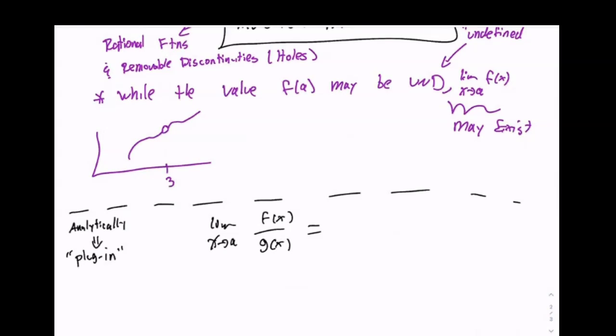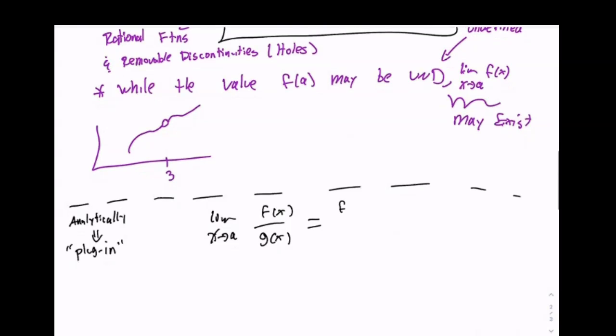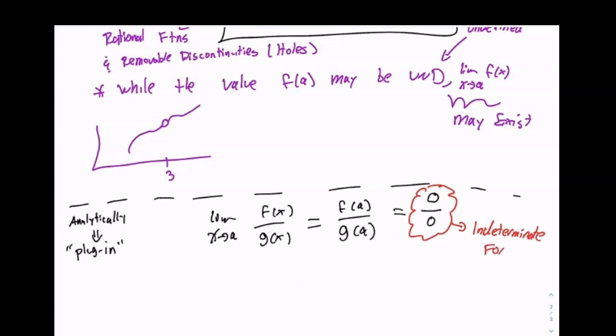Basically, when you find a limit, the first step you typically always want to do, if you have actual functions, is plug in. Now, in an actual problem, you wouldn't be given f and g. You would be given actual functions in their place. So we would get f of a over g of a. But when we get 0 over 0, this is the situation we're going to be focused on today. 0 over 0 is what we refer to as an indeterminate form.